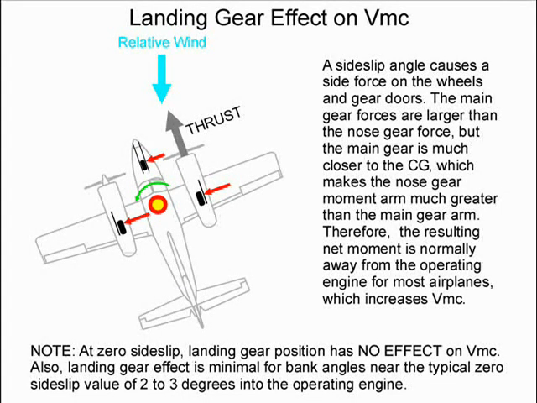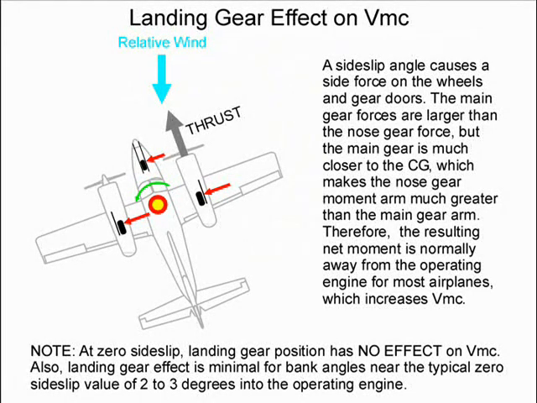Therefore, the resulting net moment is normally away from the operating engine for most airplanes, when the bank angle is greater than the typical zero side slip value of 2 to 3 degrees. This moment would increase VMC. At zero side slip, landing gear position has no effect on VMC, since there are no side forces.